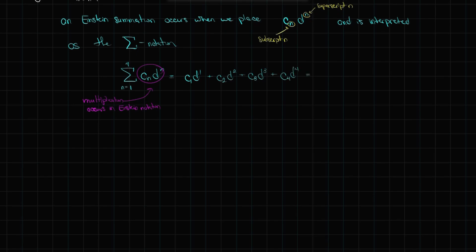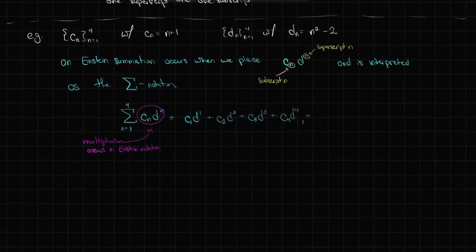And we could write out what each of those is actually equal to based off of its definition. C1 would be placing a 1 there, so that would be 1 plus 1, which is 2. D1 would be placing a 1 there: 1 squared minus 2 is negative 1. C2 would be placing a 2 there, so you'll have a 3, times a 2.